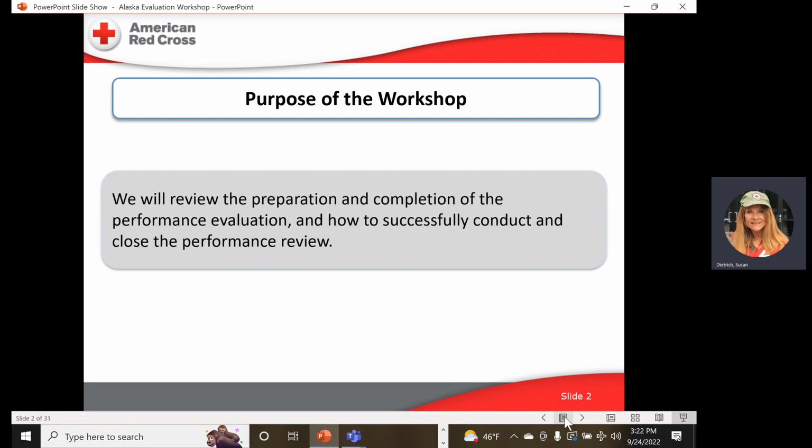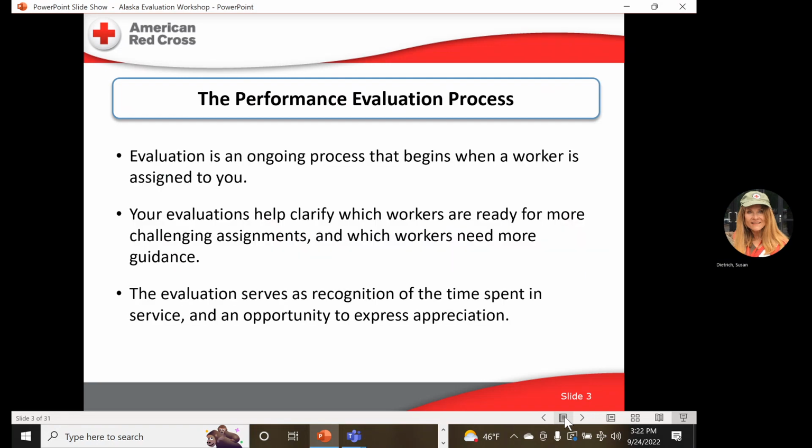So the purpose of this workshop is just reviewing the preparation and the completion of the performance evaluation and how to successfully conduct and close the performance review. Now, the performance evaluation process begins as soon as the worker is assigned to you.